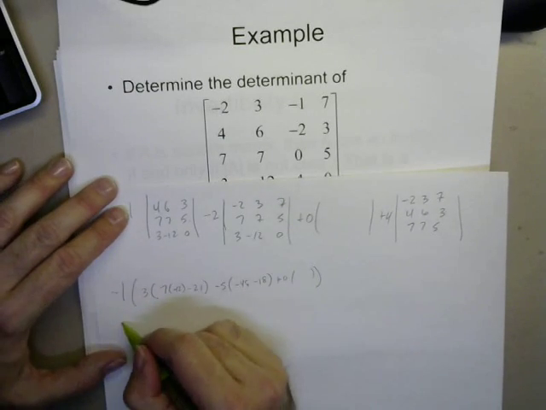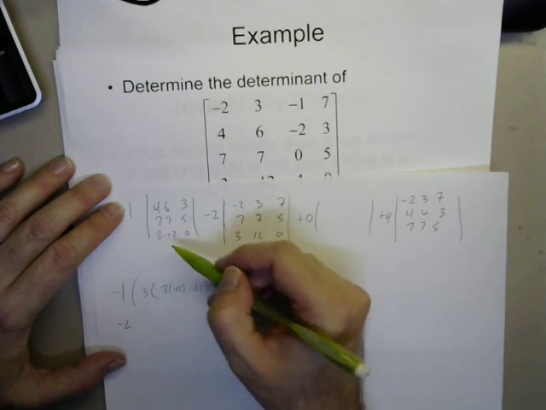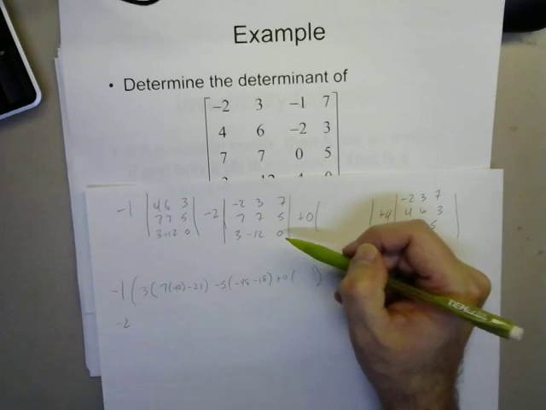Then we'll do the negative 2. So I've calculated this determinant, and then we'll do this one again. Let's expand along this column.